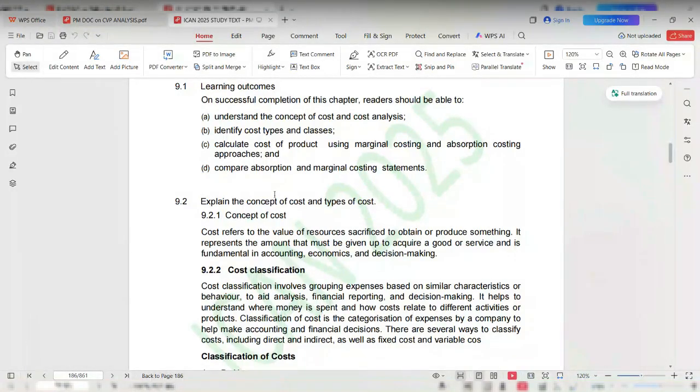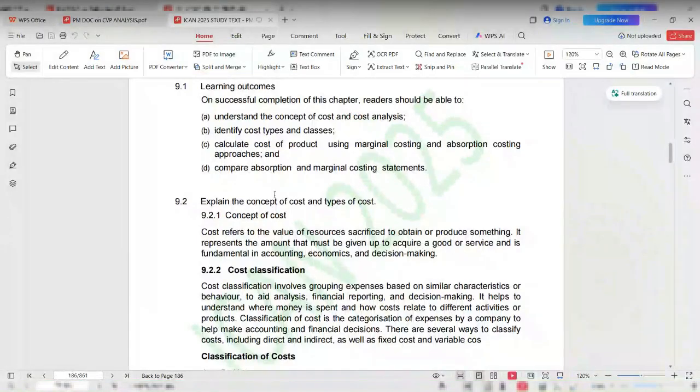You want to get value, you want to get a certificate, then you are giving up something. That is cost. So whatever value of resources or sacrifice you give in order to obtain or produce something is referred to as cost.